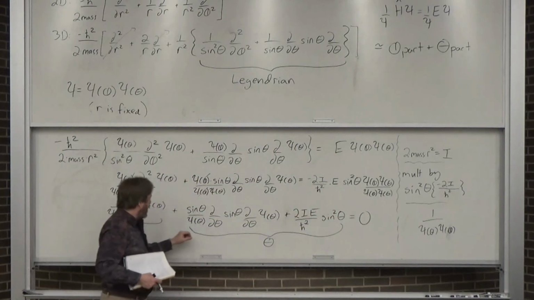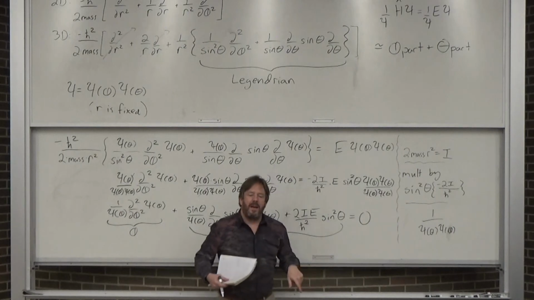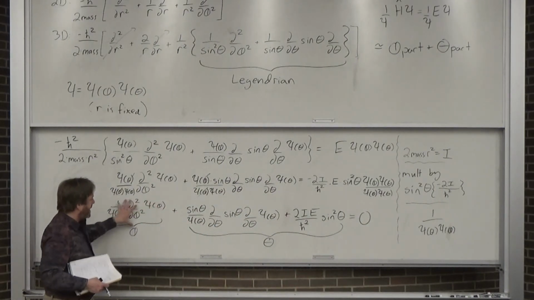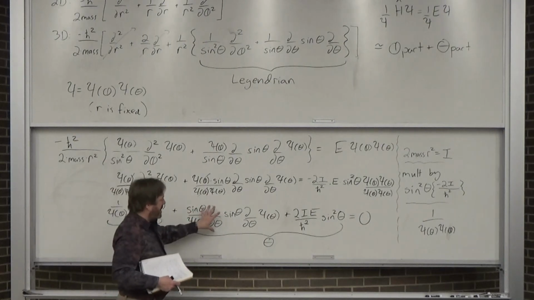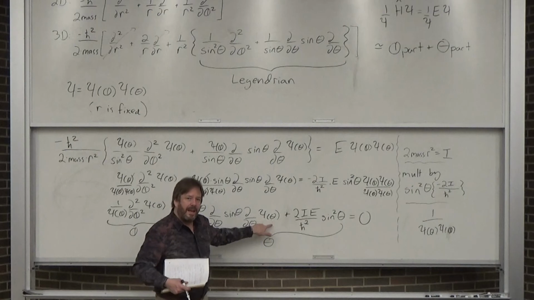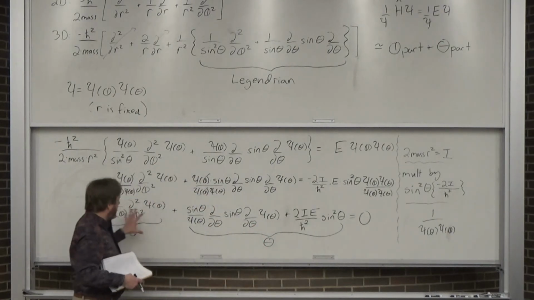But how can it do that when this is a function of phi and this is a function of theta? Let's say it's sine phi, then this has to be minus sine phi. But how could it ever be that when it doesn't have a phi in it? It's a theta. So the resolution is that each one of these is a constant.